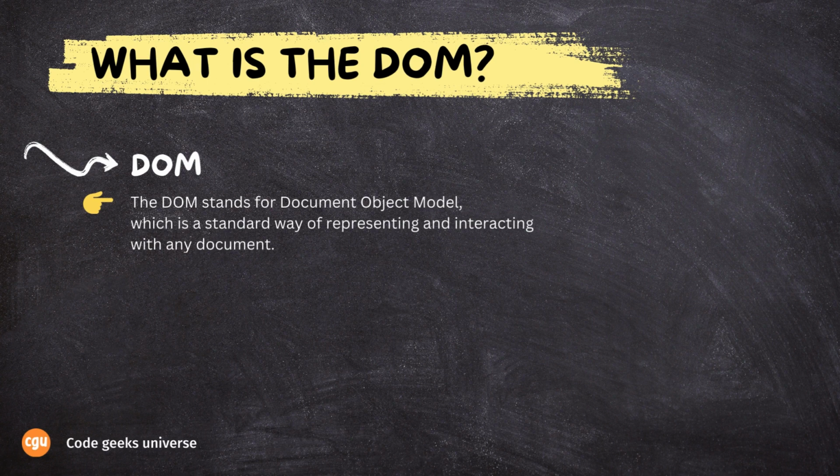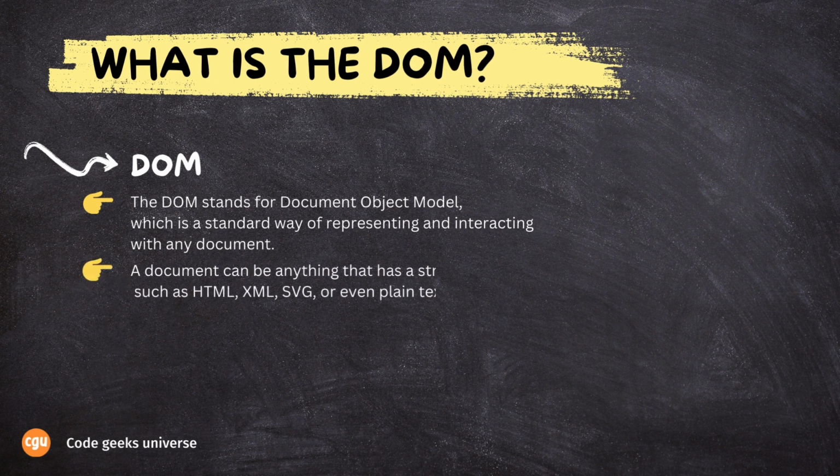Now, this DOM stands for Document Object Model, which is a standard way of representing and interacting with any document. A document can be anything that has a structure such as HTML, XML, SVG, or even plain text.